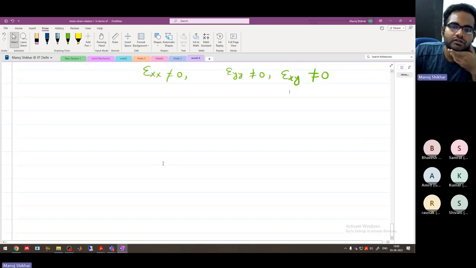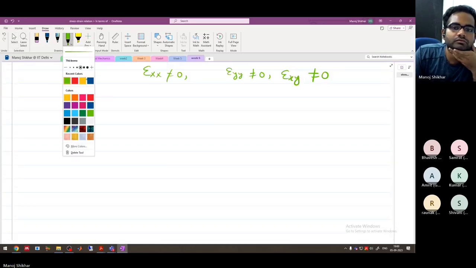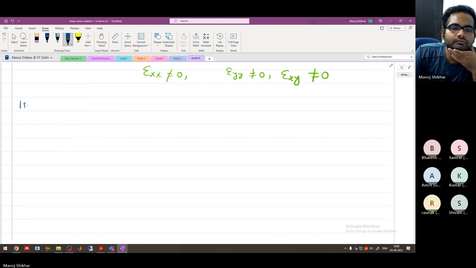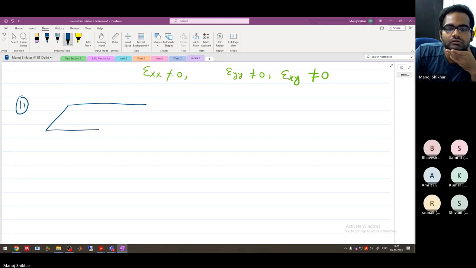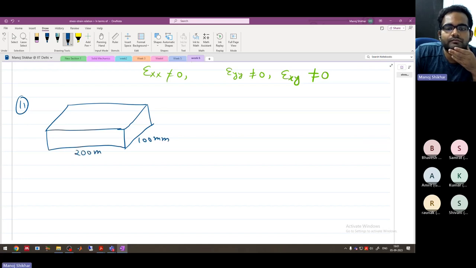So what have they given you? They've given you a block. This is 100 mm, this is 200 mm, and this is 50 mm.